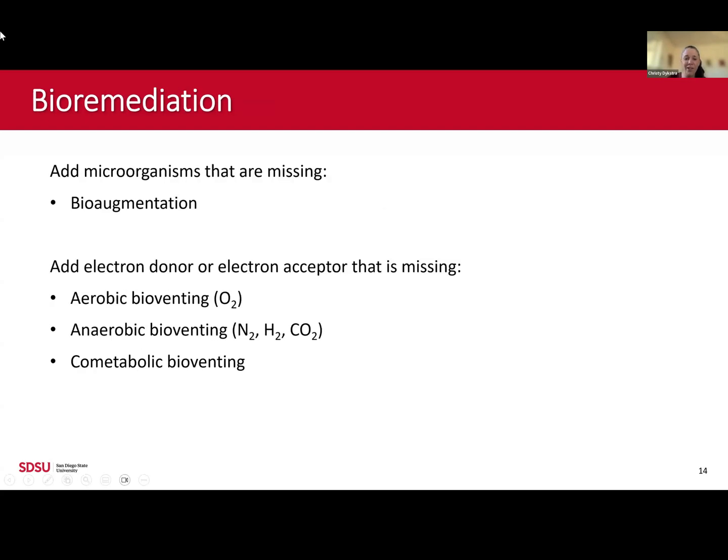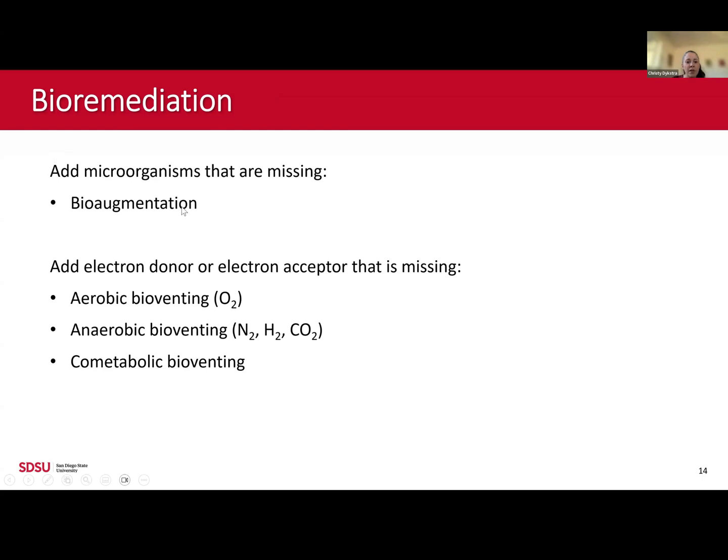Okay, and then my favorite is going to be bioremediation, and this encompasses a large number of different mechanisms of doing bioremediation. So I'm going to give you just a few of these pieces. We have a few different terms associated with bioremediation.